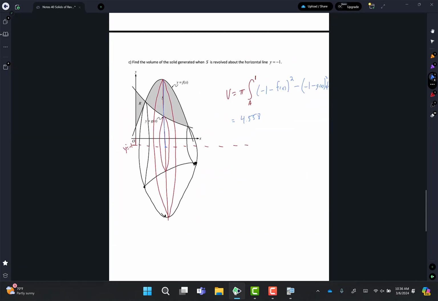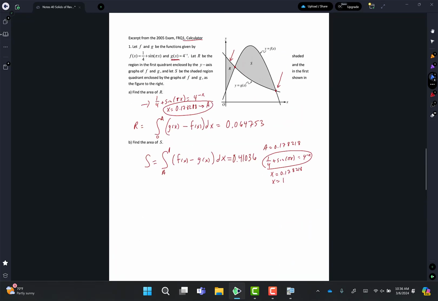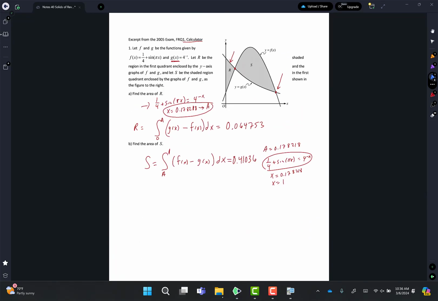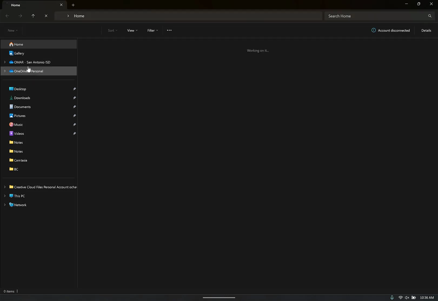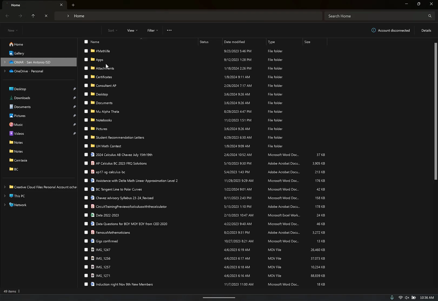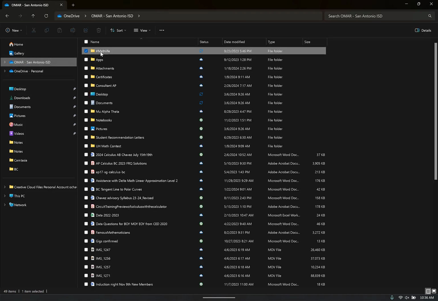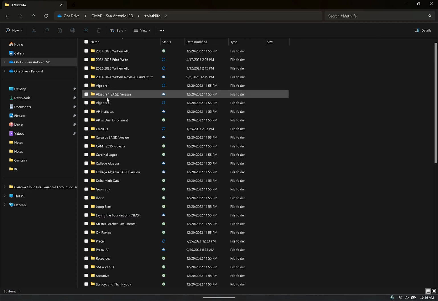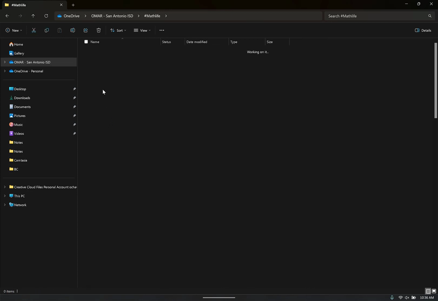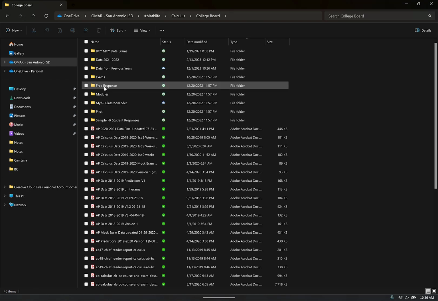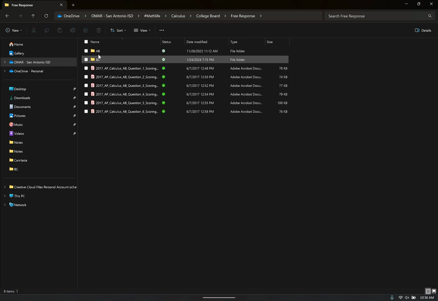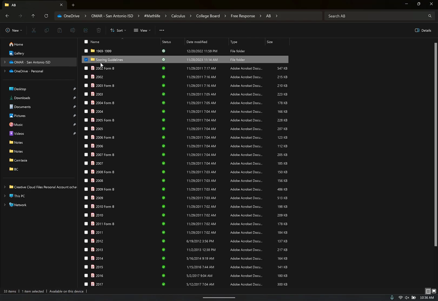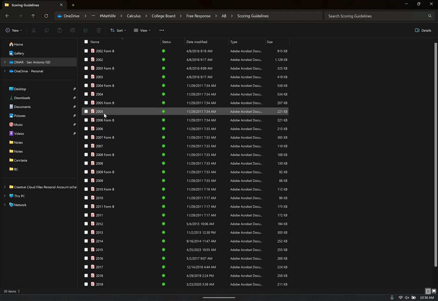Yes. Before we go to the next question, I want to see this rubric. 2005. This year. College Board. Question 1, right?